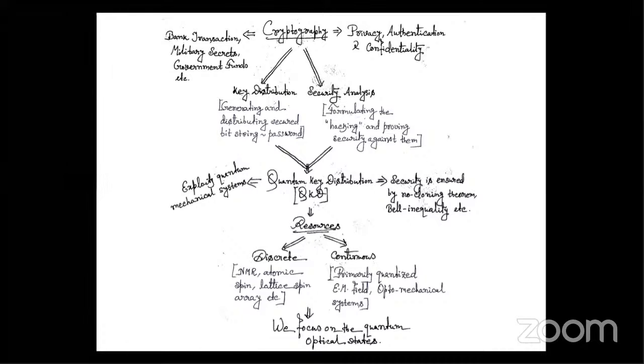On the other hand, the continuous systems are essentially primarily quantum optical states, where you look at the quadrature distribution and so on, and those have a continuous spectrum. That's why those systems are called continuous. There is huge literature on all these things, but in this work, we primarily focus on CV systems and more specifically quantum optical systems.